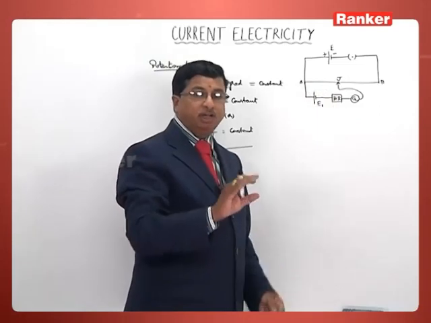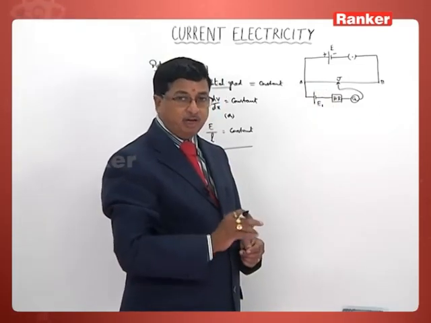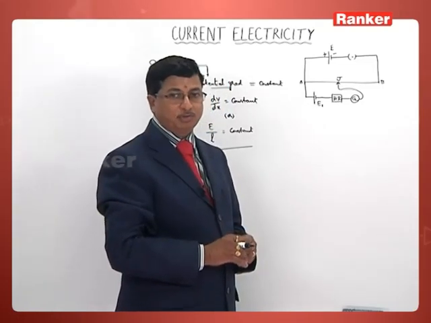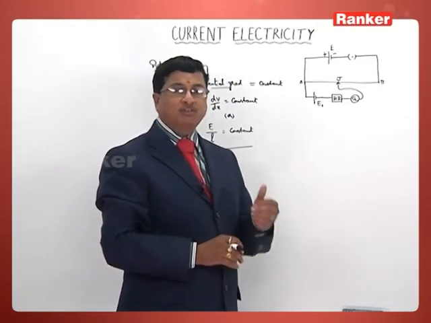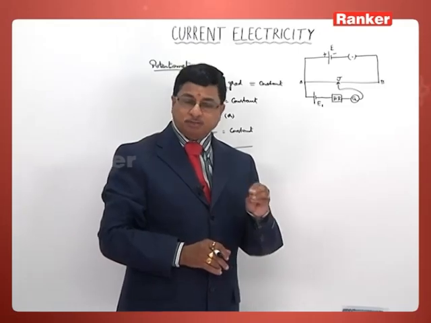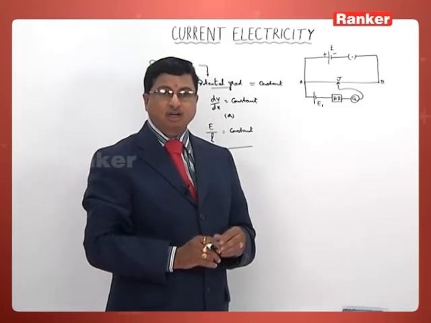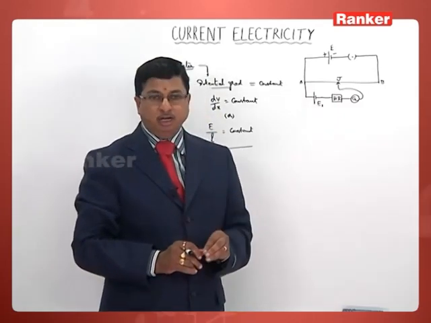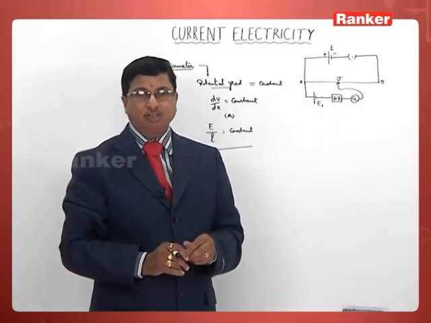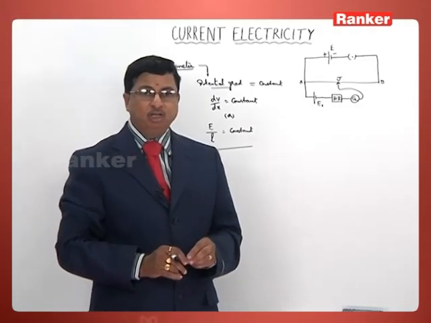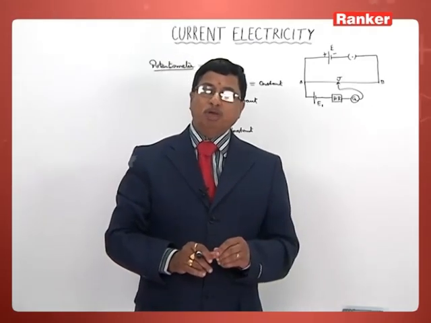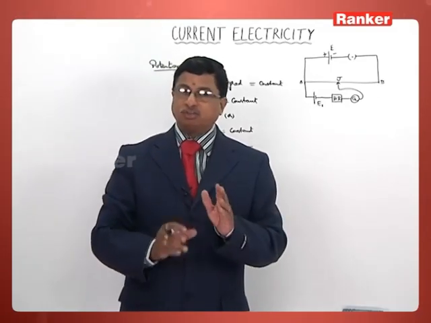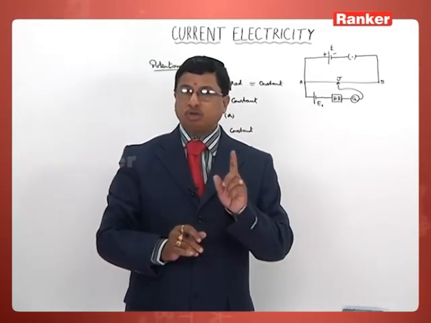Potentiometer will never extract current from the cell connected in the secondary circuit. When potentiometer is not extracting current from the cell in the secondary, automatically the EMF of that cell can be determined with utmost accuracy here. So definitely potentiometer is much more accurate than a voltmeter. So this is one theoretical aspect one should remember.